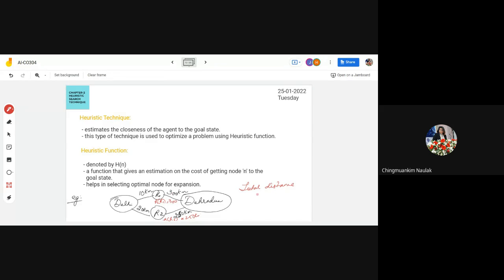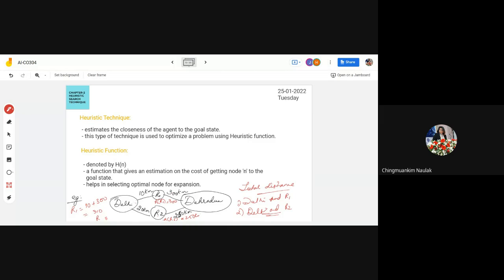So what would be the total distance? It is the distance from Delhi to the route plus the heuristic value; the summation of these two makes the total. For R1, Delhi to R1 is 10 plus the heuristic value 300, which is 310.